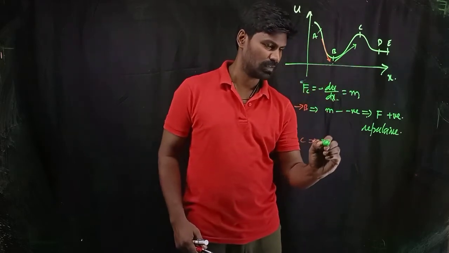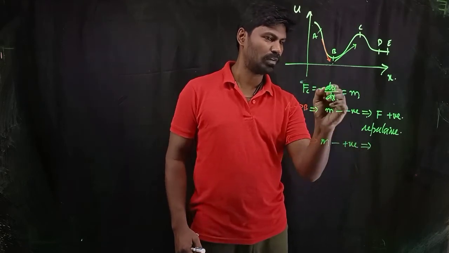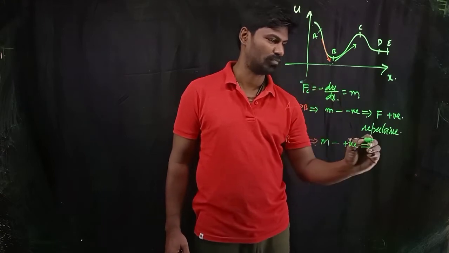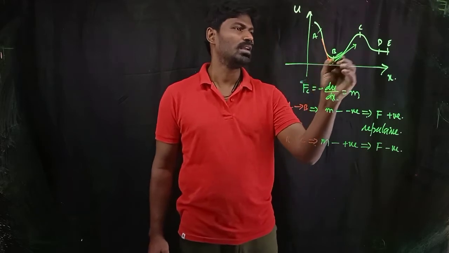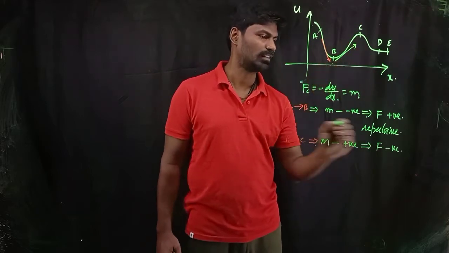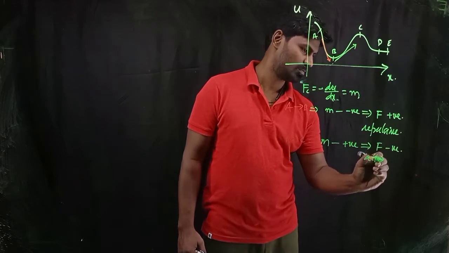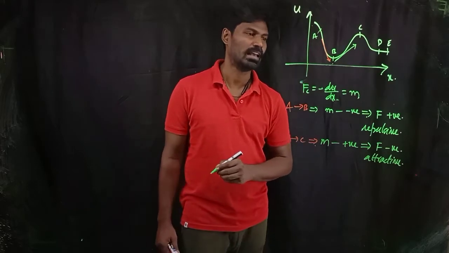Slope m is positive. So when du by dx is positive, positive into negative is negative, because of which force is negative. That means from B to C, the force acting on the particle is attractive.